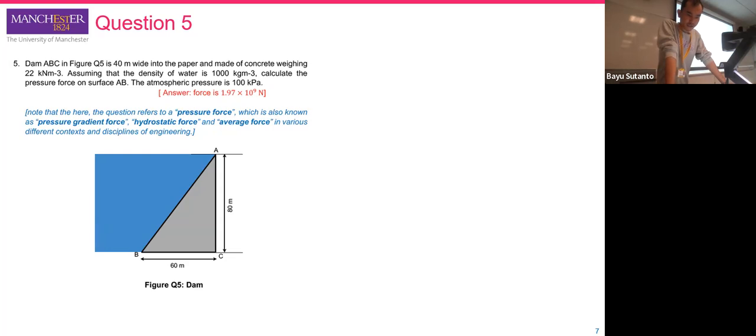And to find the pressure force on surface AB, we know that there is a force over here due to the water and air. So how do we graph it? There is a force that gets higher and higher based on the hydrostatic formula.